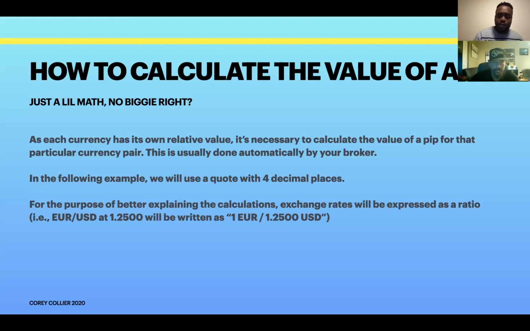So in the following examples, though, we're going to use 4 decimal spots, right? For the purpose of better explaining the calculations, the exchange rates are going to be expressed as ratios. So for example, Euro USD at $1.25, that means for 1 euro, it costs you $1.25 in the United States dollar. So we're going to write that as 1 euro / 1.25 Euro USD.